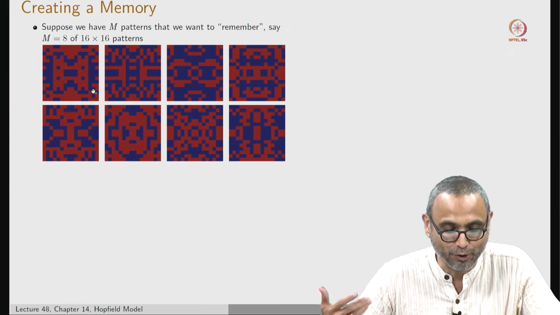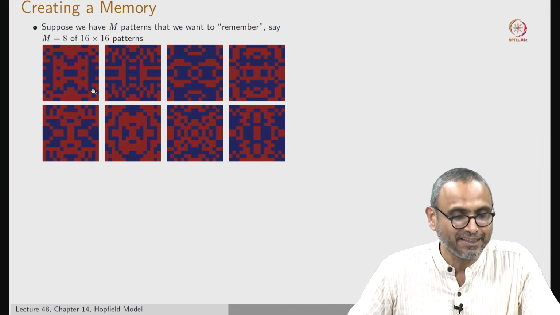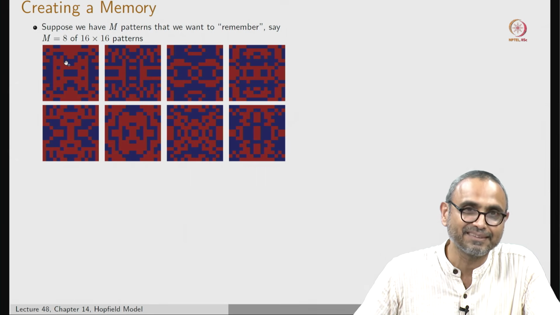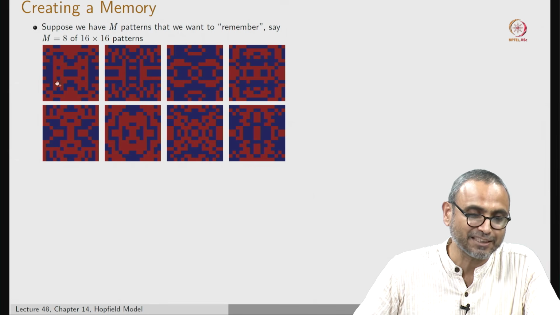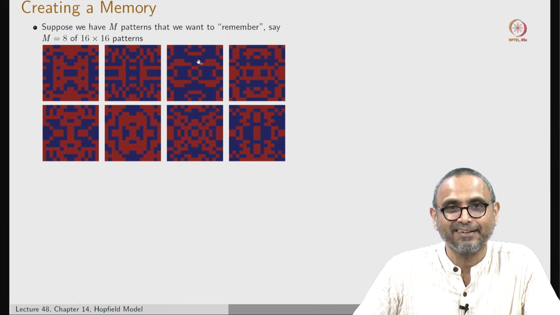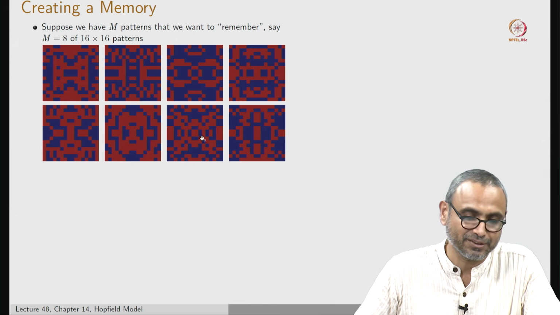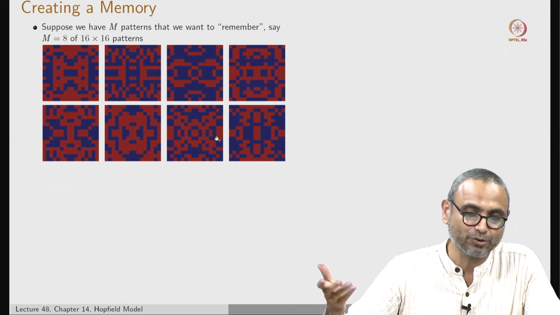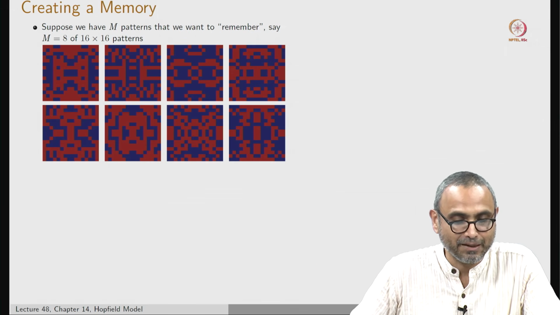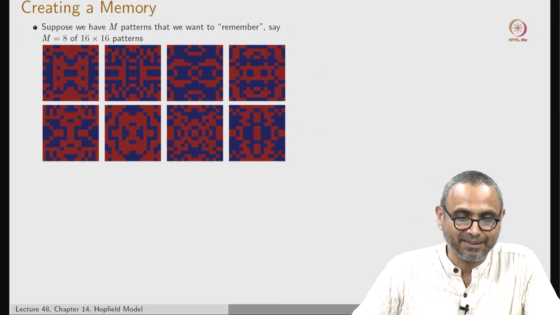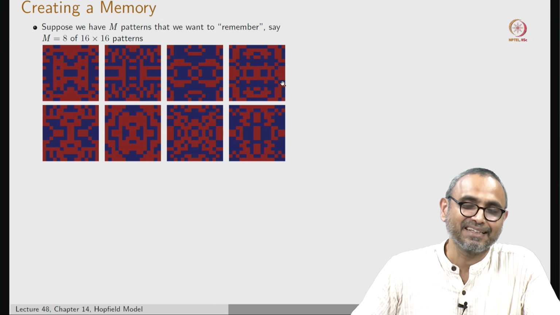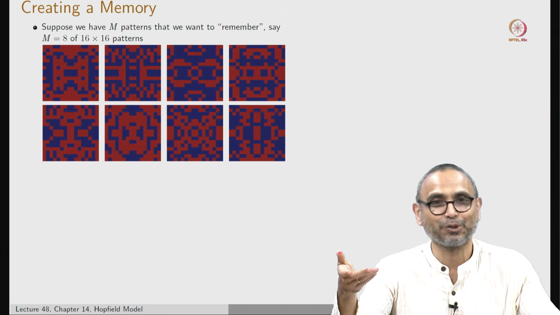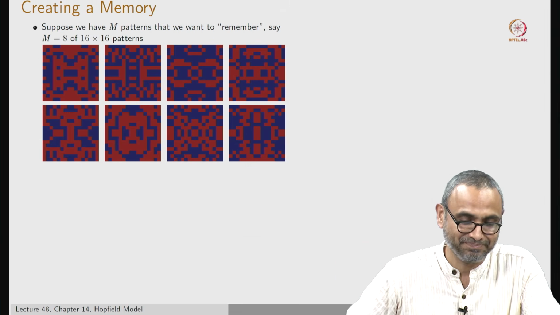So this could mean that if this is some QR code of some object you are purchasing, this could mean apple, orange, or a variety of vegetables and fruits. Each of these could mean the code associated with a fruit or vegetable. So you have these 8 patterns, and what I want to do is memorize them, I want to remember them.